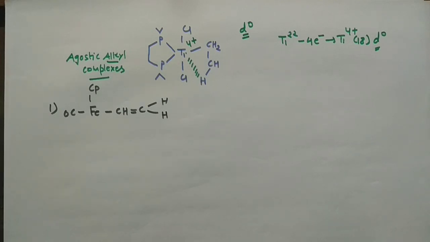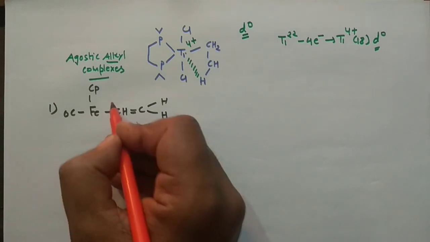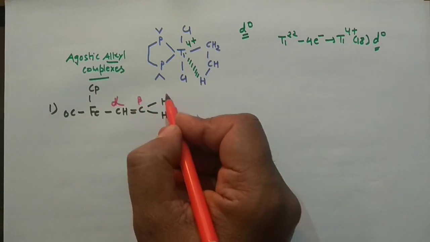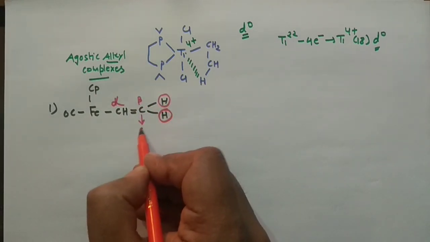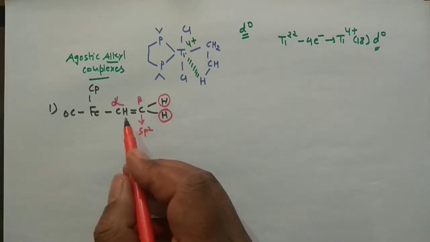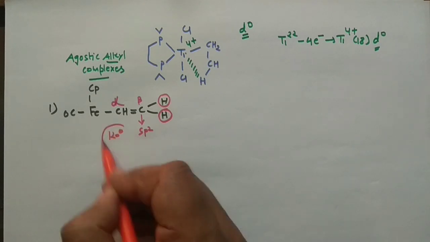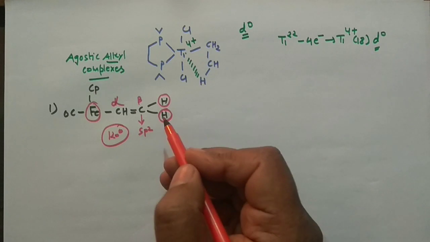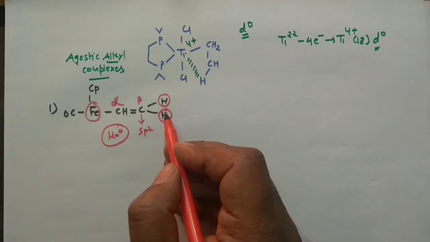Obviously you can see the carbon directly connected with the metal would be alpha and this would be beta. So these two are the beta hydrogens, but this is an sp2 carbon, and since the sp2 carbon is there, the bond angle is 120 degrees, and this iron and the beta hydrogen cannot have the proper cis coplanarity or syn coplanarity.